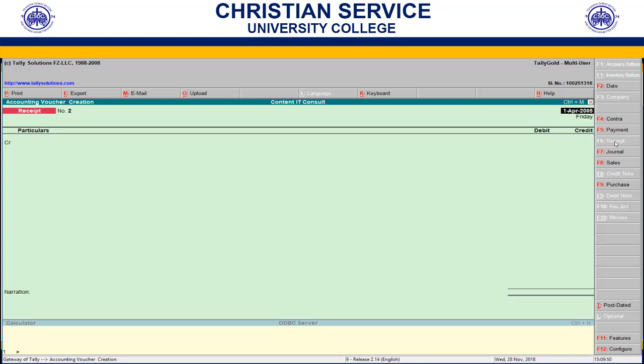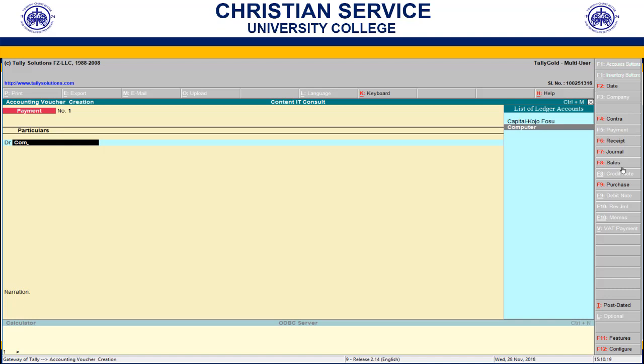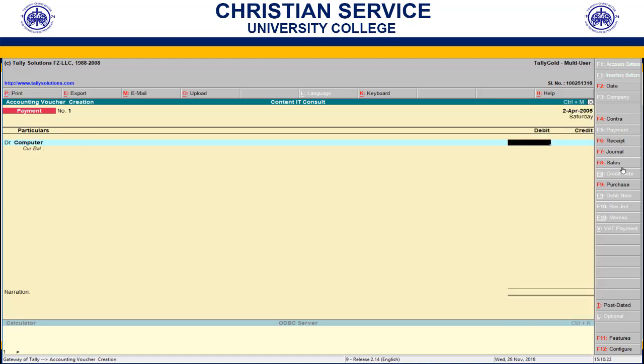Now, since the company paid out an amount to get the computer, we would use the payment voucher. So we change over to the payment voucher and we type the date, which is the 2nd of April 2005. Now we would be debiting our computer whose ledger we just created, and that is 2,000 Ghana cedis.